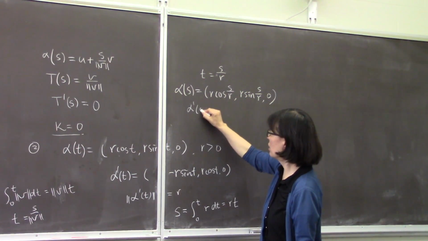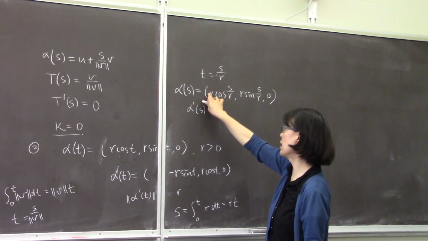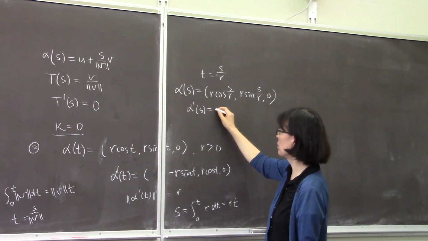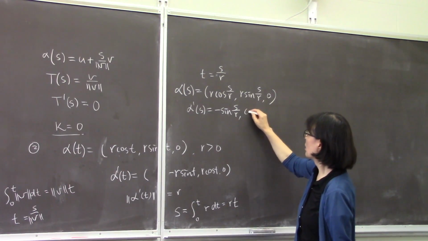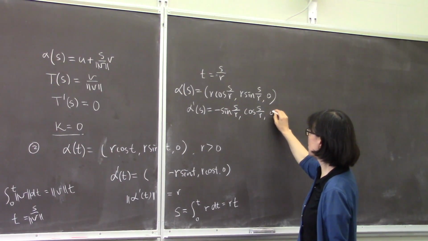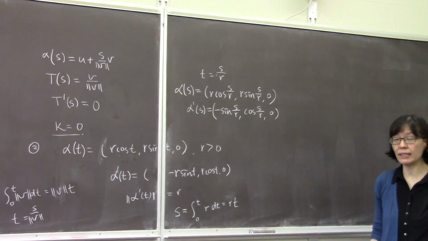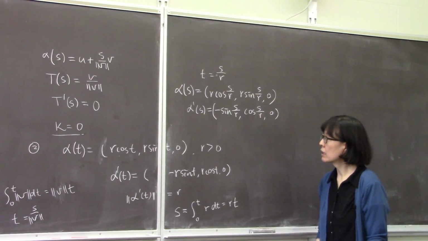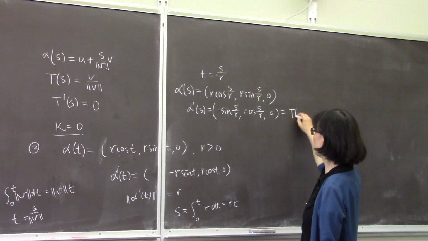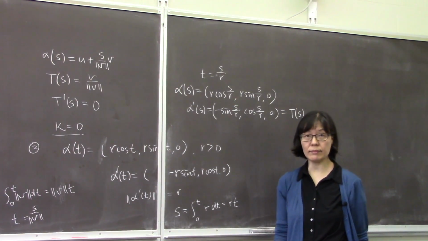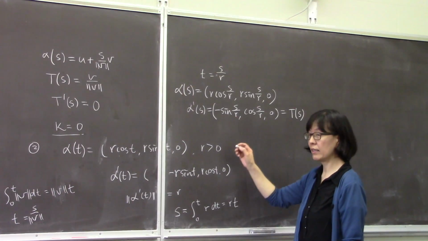You can see that 1 over r comes down and multiplies by r, that cancels. So it's minus sine s over r, cosine s over r, 0. So this has length 1. Okay. And this is big T. Right?